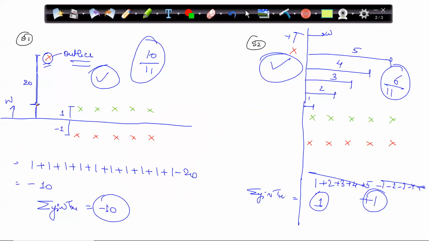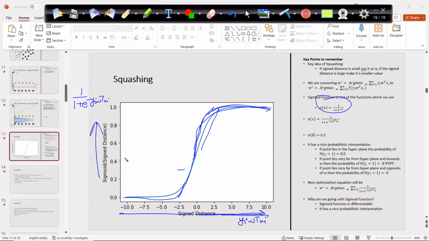It varies from 0 to 1. So if I apply the tapering off here, this minus 20 will become only minus 1, and this entire thing will become 9. So automatically the outlier is taken care of.